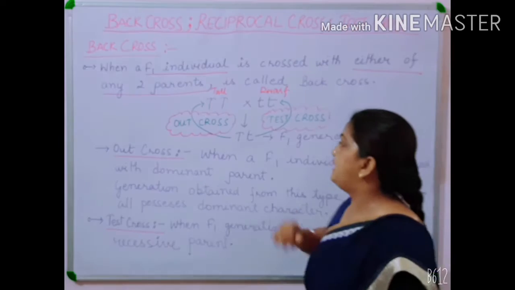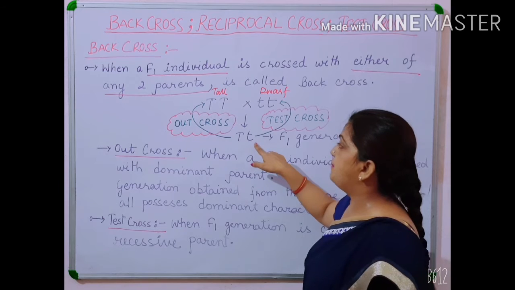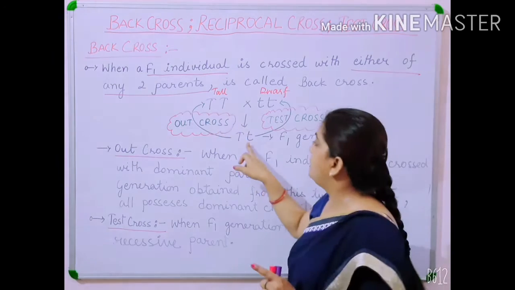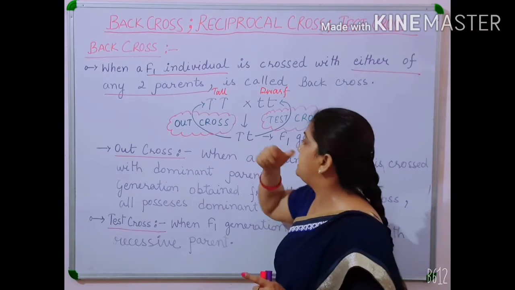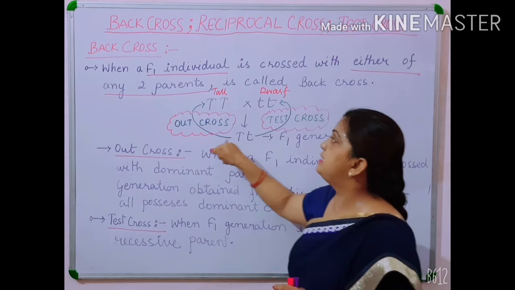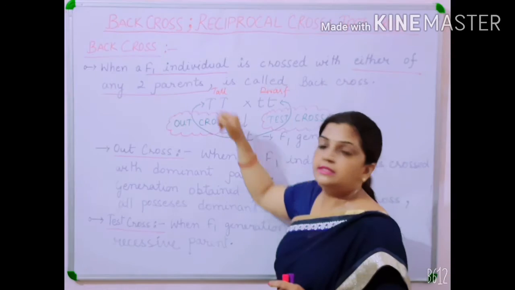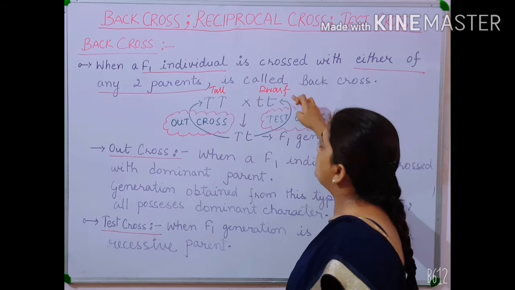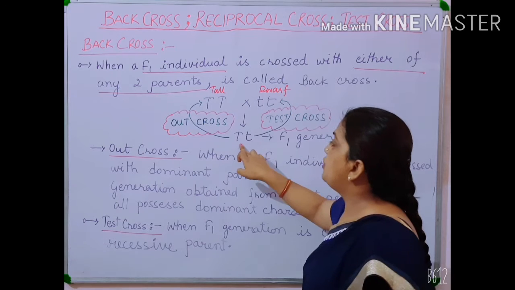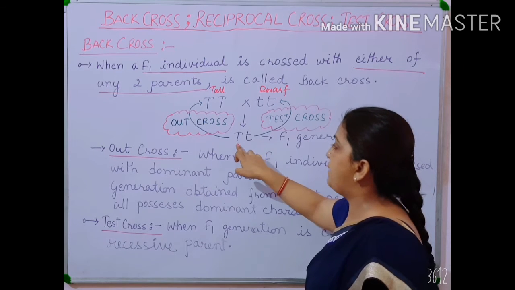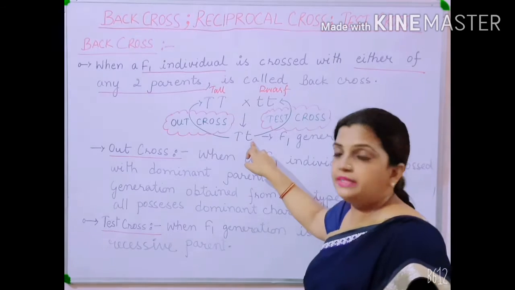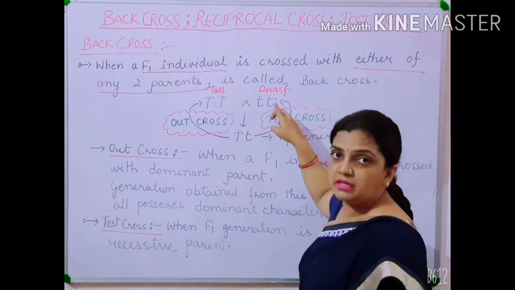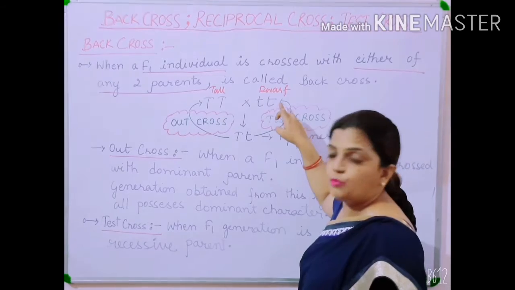Hope you can understand that this capital T small t can be crossed with any one of the parents. Here this arrow representation shows the F1 progeny being crossed with the tall plant. And in the other arrow representation, your F1 generation, capital T small t, hybrid tall plant, is being crossed with the recessive dwarf plant, small t small t.